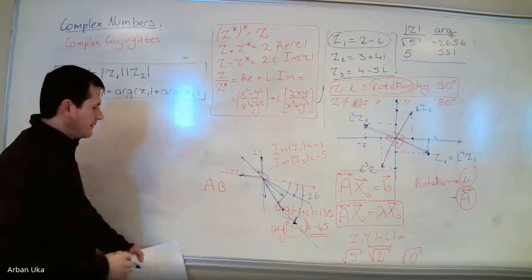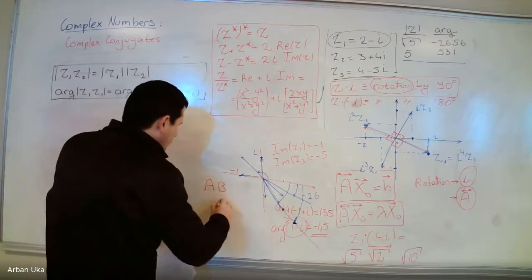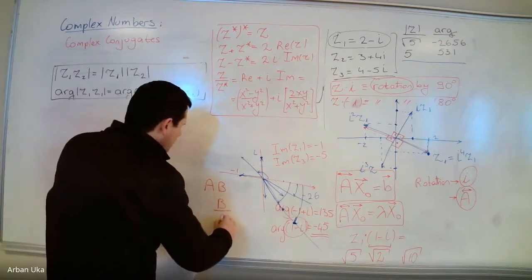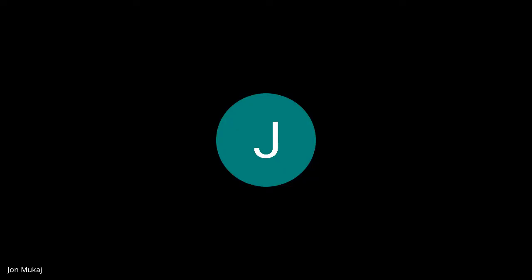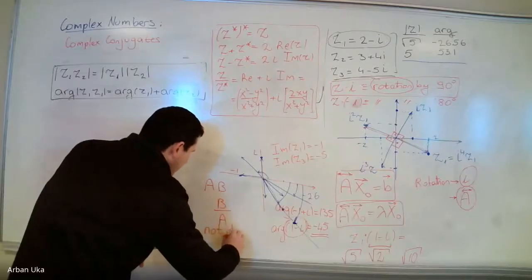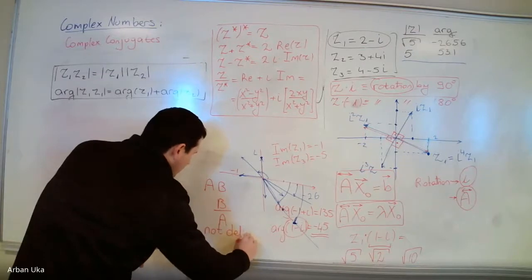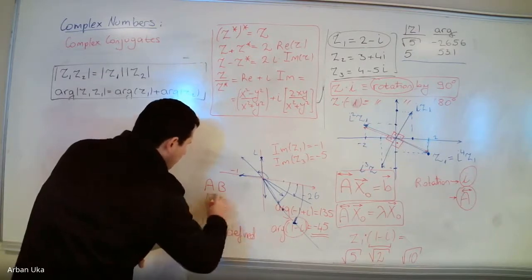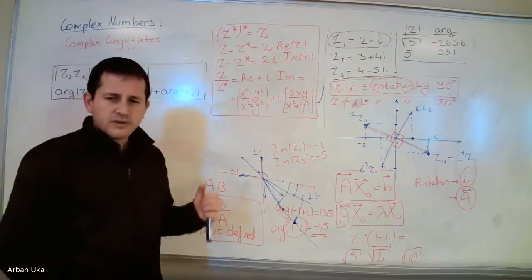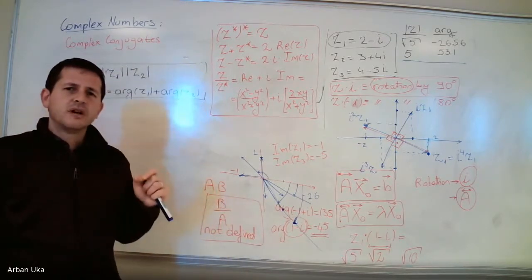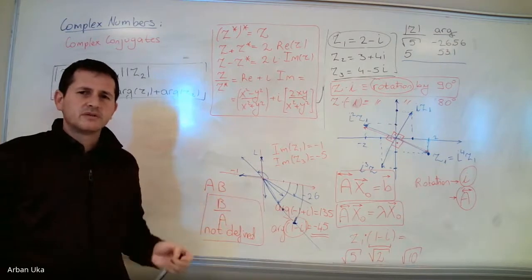This was good. But did we ever do this? Could we divide B divided by A? No. That's true. This is not defined. So we cannot divide a matrix by another matrix, okay? This is not defined.